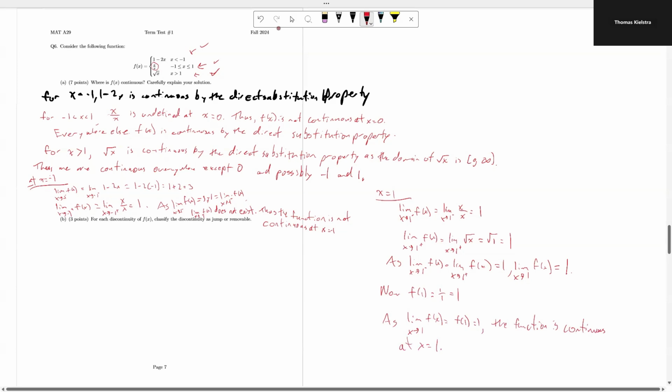So we are continuous at x equals 1. We're not continuous at x equals minus 1. We're not continuous at x equals 0.